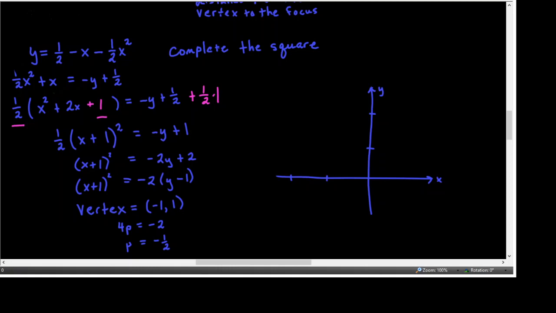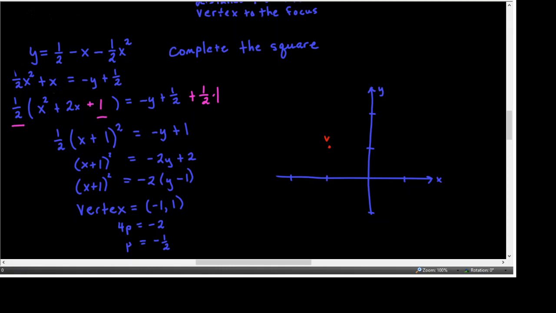By the way, with p being small, very close to 0, I'm going to need pretty big marks on the graph. All right, so we know that the vertex is at negative 1, 1. So go ahead and plot that point. And you can label it with a V if you want to. It keeps me maybe from making mistakes.